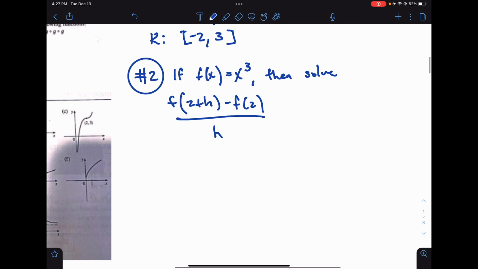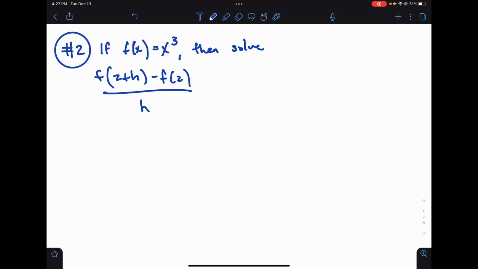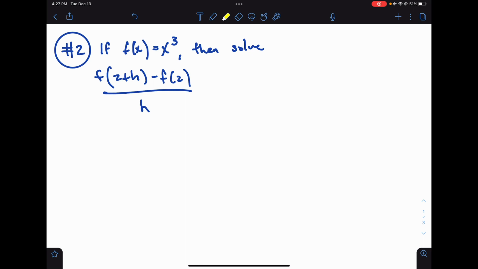Okay. So what we are being told here is f of x is equal to x cubed. So essentially, anytime we see f, we just cube whatever is in the parentheses. And then we just solve.